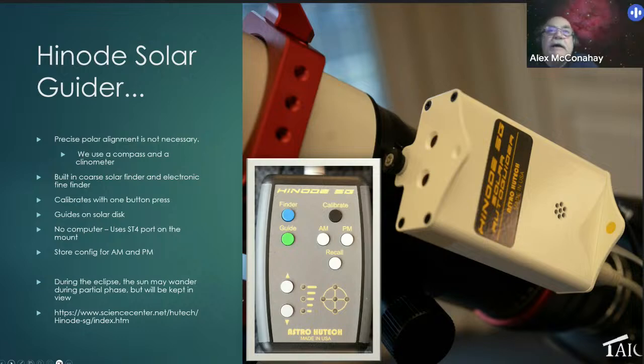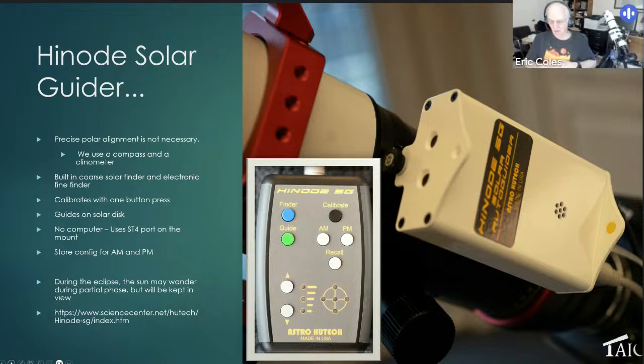Dan wants to know how well the Hynodes tracker works during totality. I'll actually show something later on from one of my practice sessions, and the answer is better than I expected. But there's a little caveat, which Tim will describe.